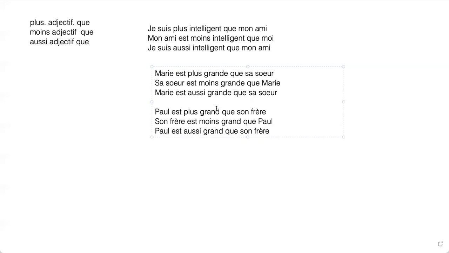That's why I don't add any e, and we know that we don't pronounce any consonant at the end of the word. So that's why we say grand. If you want to know how we pronounce the letter in French, we have the video on pronunciation. Please check it out. And we can also compare the adverb and the verb and the noun.